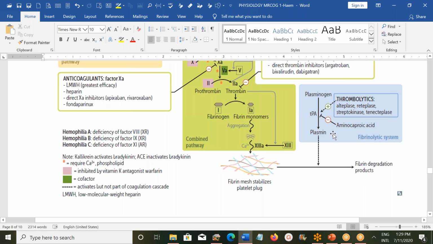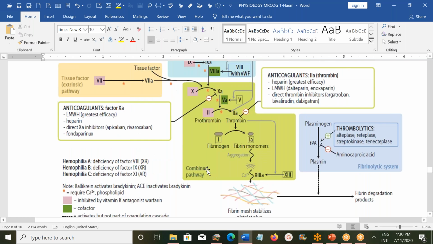This system is inhibited by aminocaproic acid. It will inhibit the conversion by tissue plasminogen activator, so this process of clot dissolution will be abolished. That is the point. Here this is the key, where we have this purplish point. This is inhibited by a vitamin K antagonist, which is warfarin.